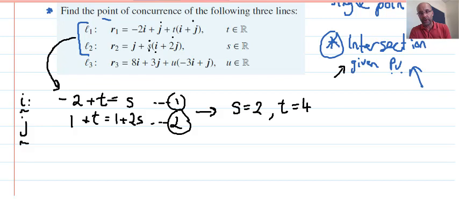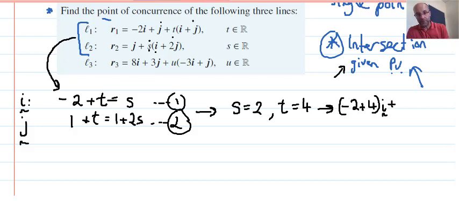You can sub it into R1 or R2, and if you like to be careful, you could sub it into both and get the same answer to verify what you're doing. I'm going to sub it into R1. We don't need to worry about s, only t.